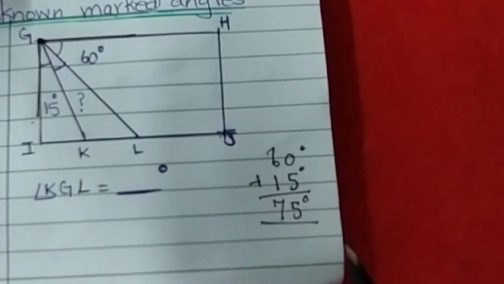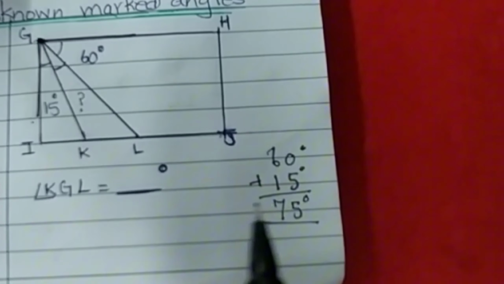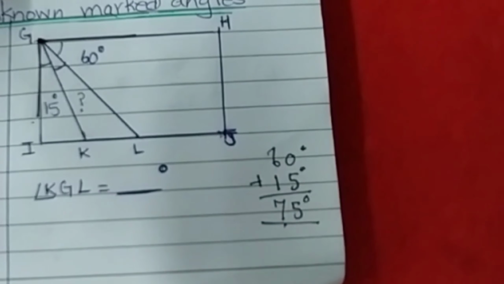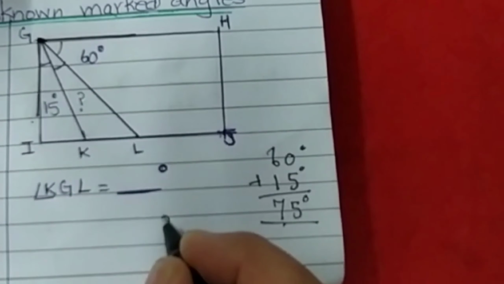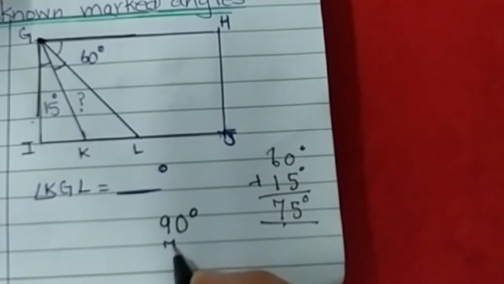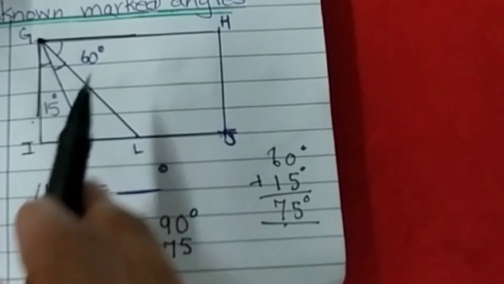Now that I've added up the two sides, I will minus the 75 degrees from the right angle, and everybody knows a right angle is equal to what? Very good, 90 degrees. So 90 degrees here and 75 degrees that we just added up.